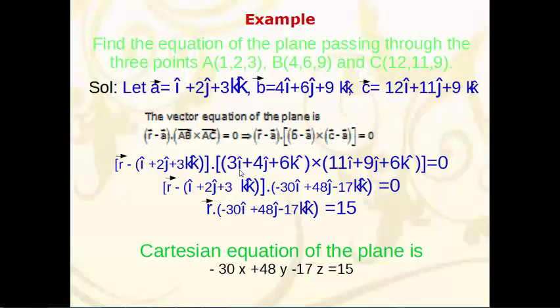Let us solve an example based on the equation of a plane passing through 3 points. Find the equation of the plane passing through 3 points: A (1, 2, 3), B (4, 6, 9) and C (12, 11, 9).